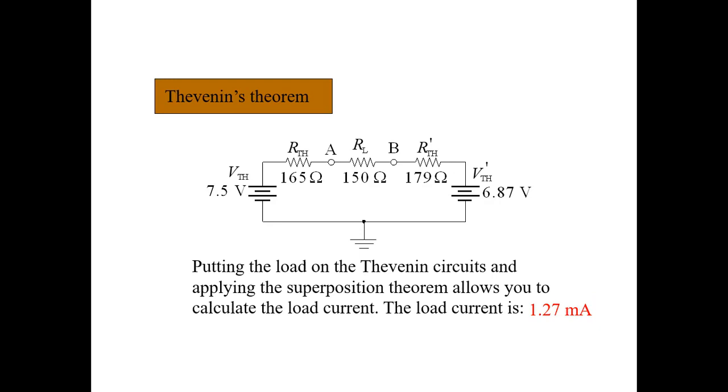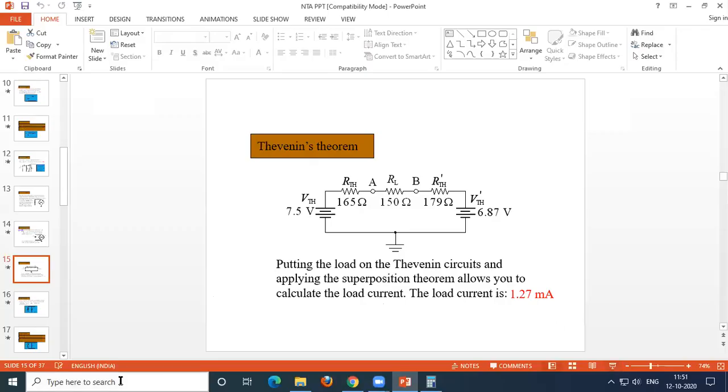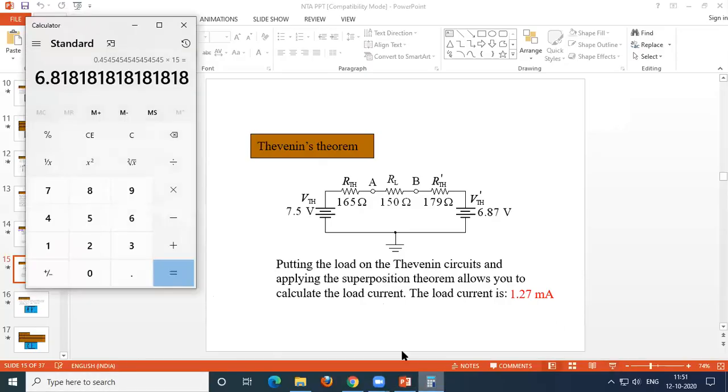How are we able to calculate this value? Here 7.5 minus 6.87, the value is 0.63.